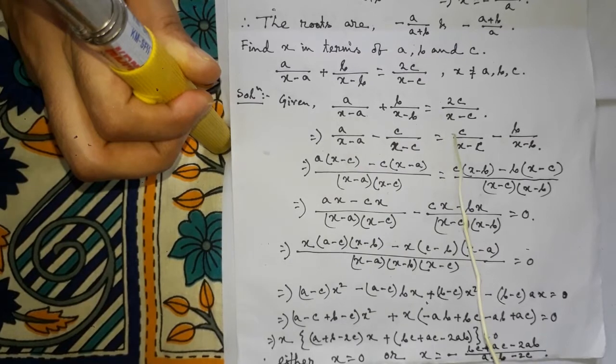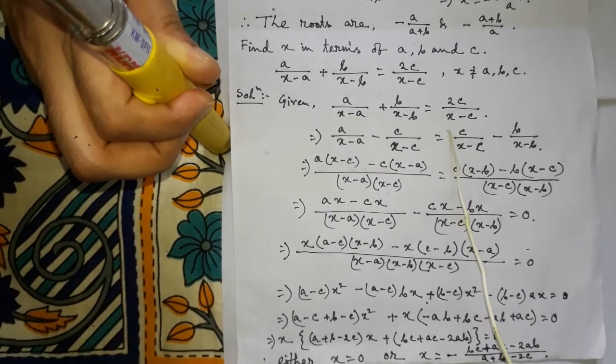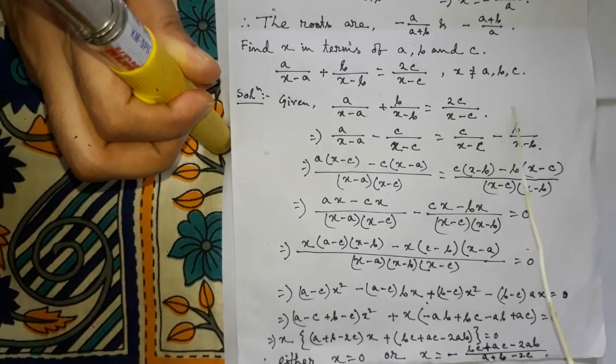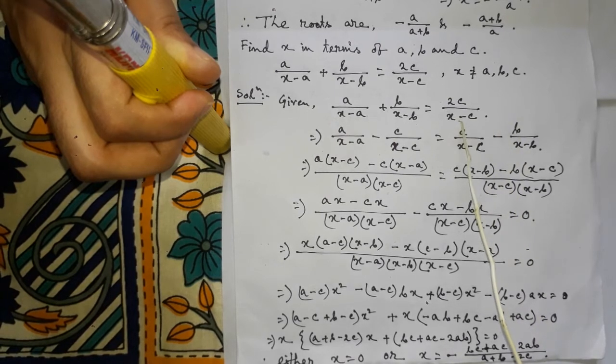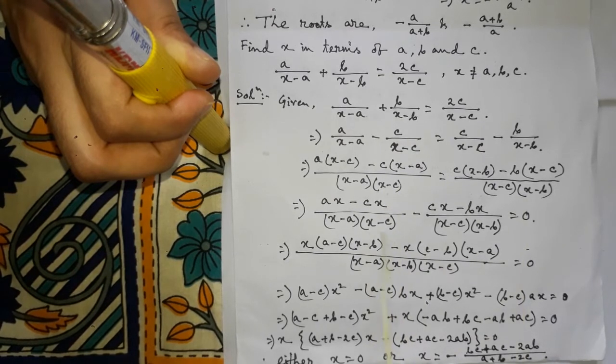So, 2c by x minus c, this can be written as c by x minus c plus c by x minus c. Now, change the side of 1 c by x minus c to the left hand side and this b by x minus b to the right hand side. Then do the calculation. After that, you will get this expression. Again subtract.